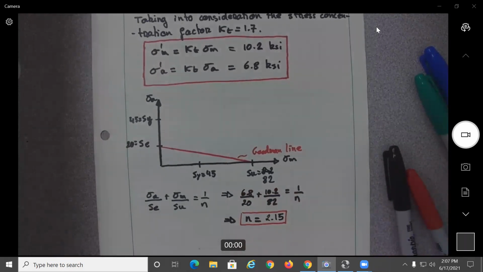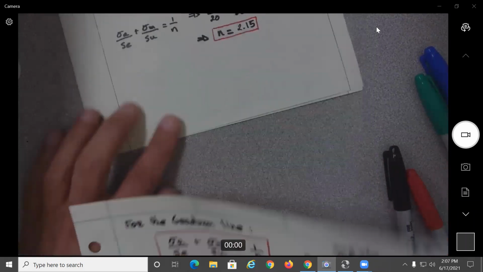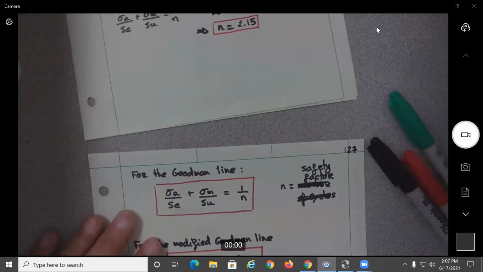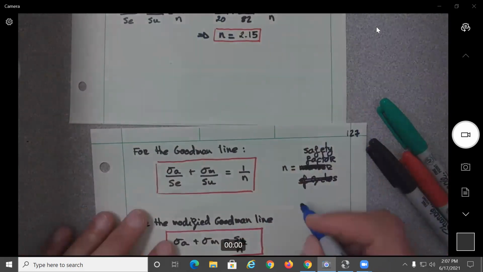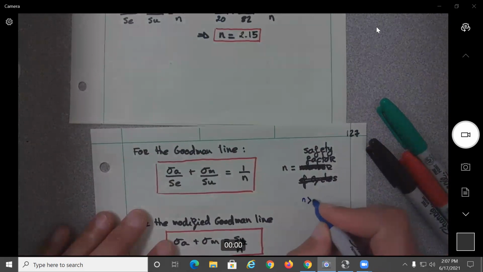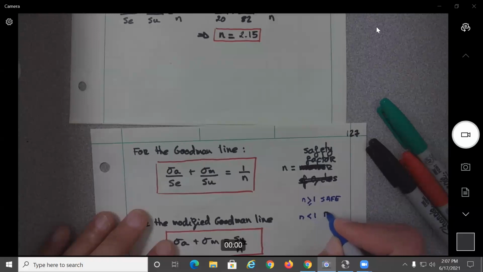Maybe we can go add here to the notes because I did not put it, I just realized. In this equation, those two equations here, if n is higher than 1 or equal to 1, the design is safe. If n is lower than 1, let's say the design will fail. Okay?